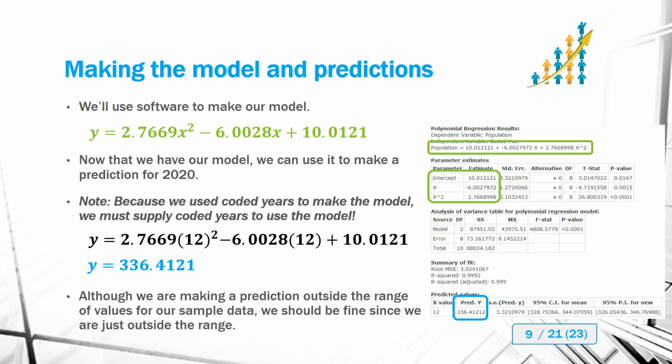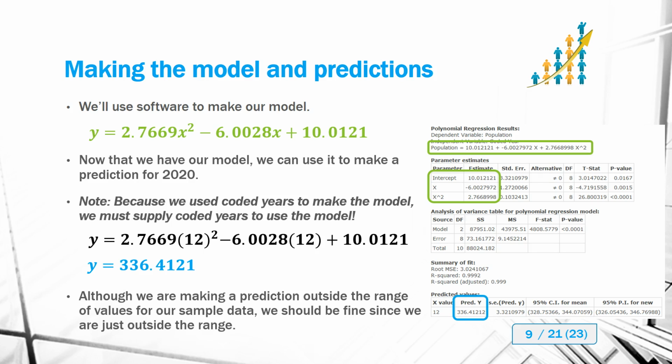Now, some of you may be wondering, 12 was actually outside the range of data that we used to make our model. How is it that we're using 12 to make the prediction? Well, 12 is outside the range of data, but it's just outside the range. What you want to avoid with extrapolation is getting far away from the range of data values that were used to make the model. If you're just outside the range, and 12 is just larger than 10, which is the maximum value from our data set, then yeah, you're probably okay.